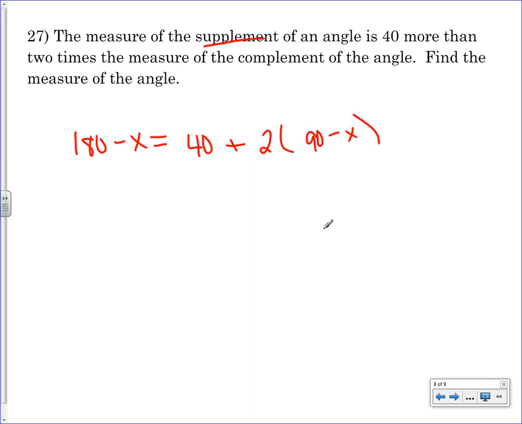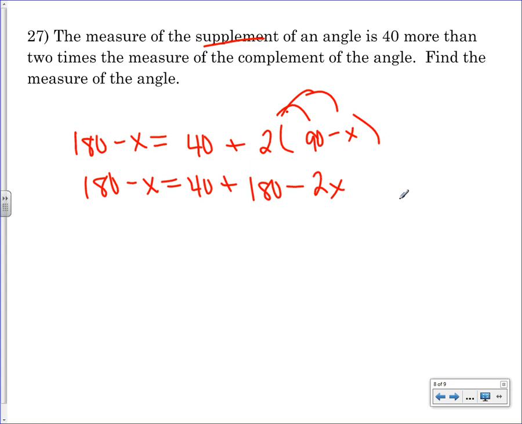Does that make sense? Whenever you multiply by more than one thing, you have to use parentheses. We're going to have to distribute that too. Okay? So 180 minus x equals 40 plus what? Distribute. What's 2 times 90? 180 minus 2x.